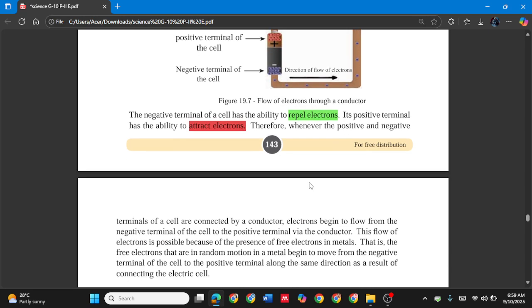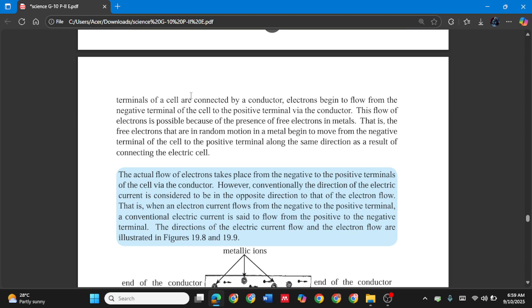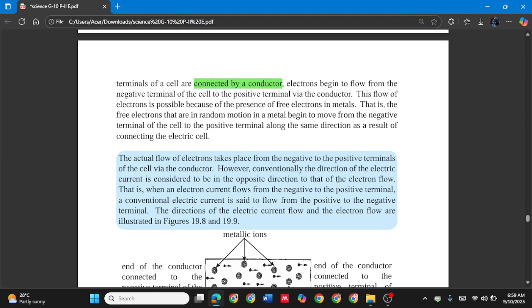Therefore, whenever the positive and negative terminals of a cell are connected by a conductor, so here we need a conductor, electrons begin to flow from the negative terminal of the cell to the positive terminal via the conductor.